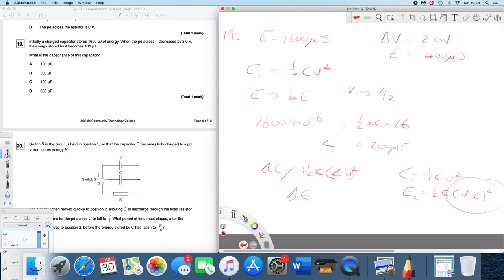So make sure you don't do that. You're given nice simple ratios here for a reason.